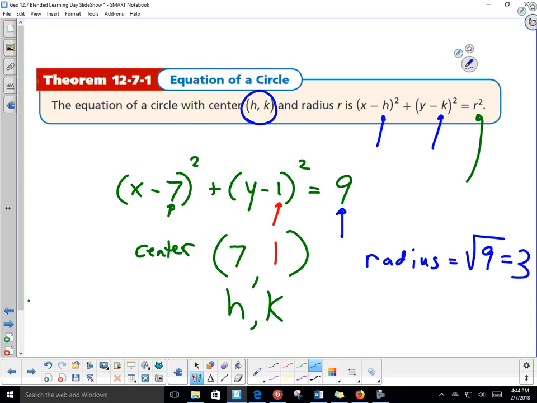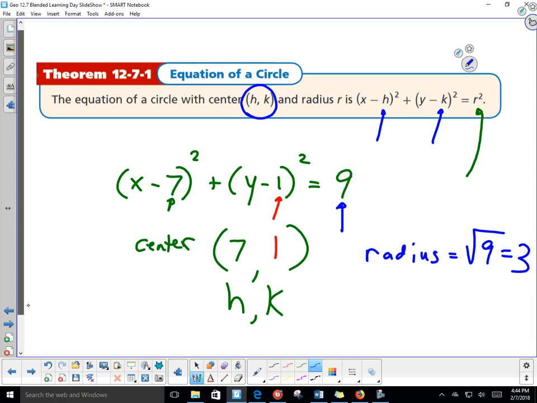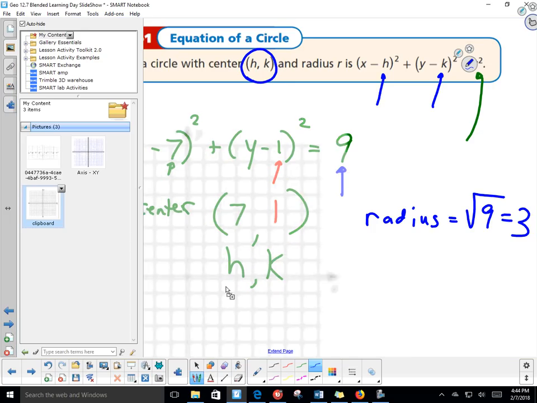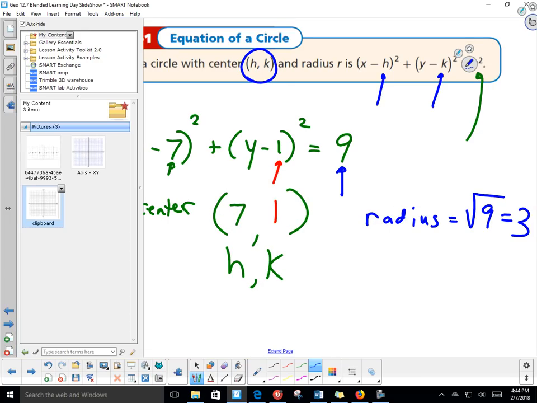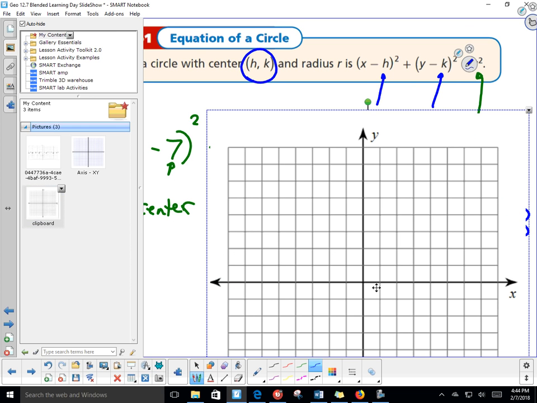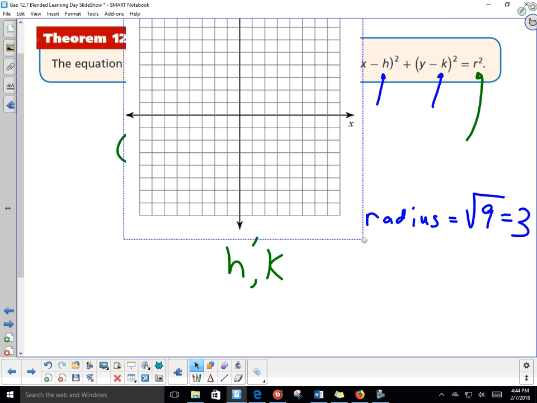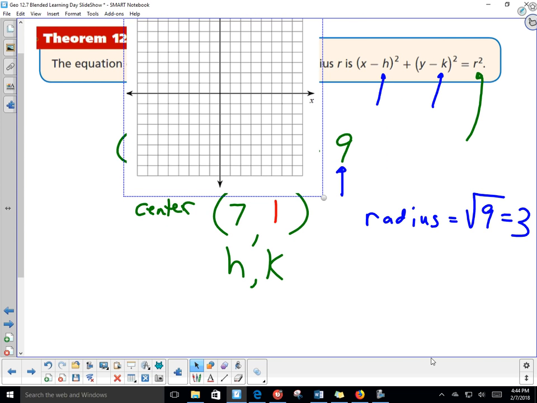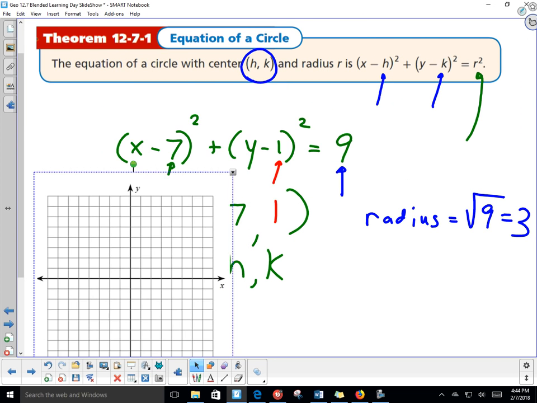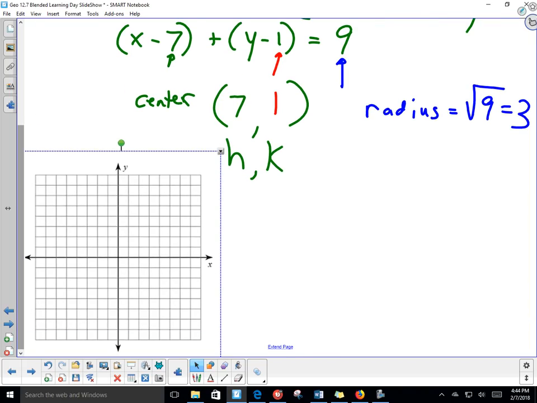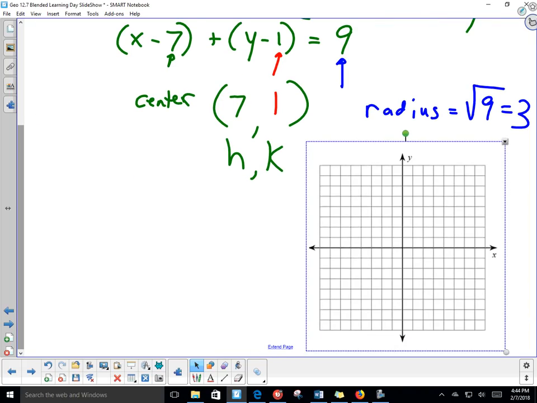And to get a little visual of this, we could draw a quick sketch of this circle. This circle is going to have its center at (7, 1).